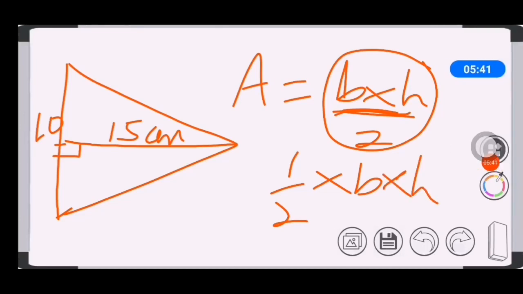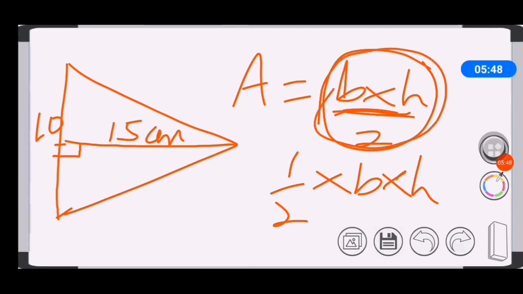It's the same as dividing by 2, but I prefer this because it's easier. It's easy to say half of the base times height. You multiply the base and height, and find the half of that. Half of that means divide by 2.